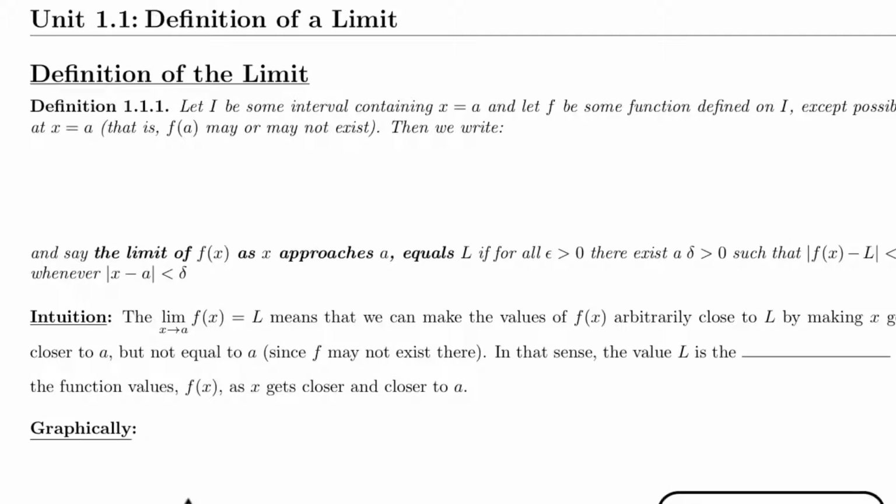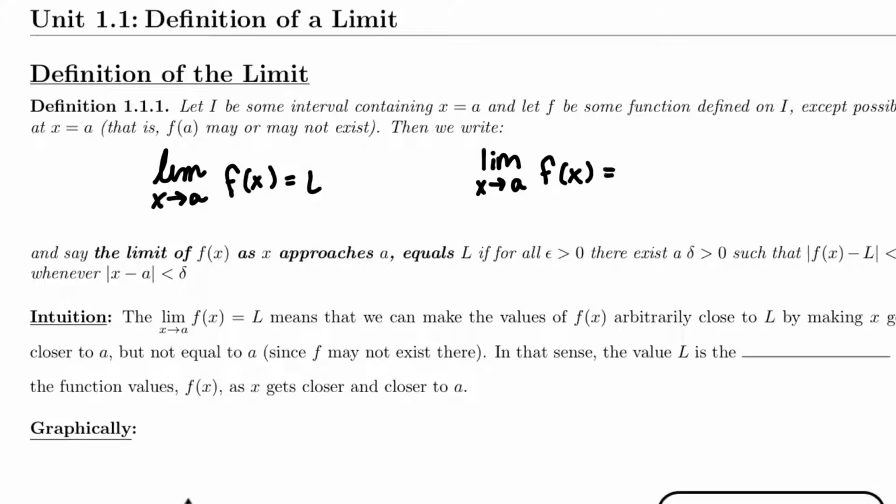The notation that we use for this, and you can do it however you want. When I first learned calculus, I learned to do this in cursive. So we would always write the limit in cursive, but you can also write LIM, and then underneath that, x arrow a, of f of x equals L. This is the notation for limits.